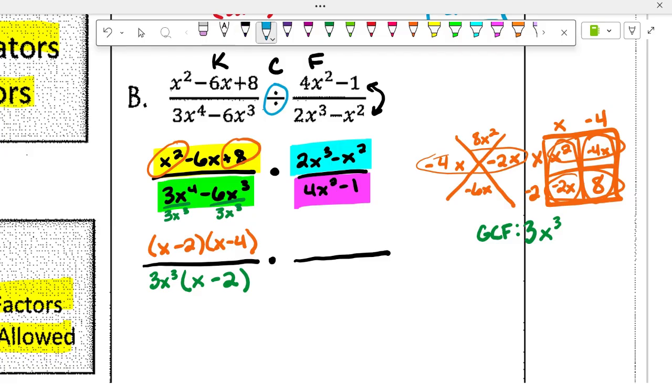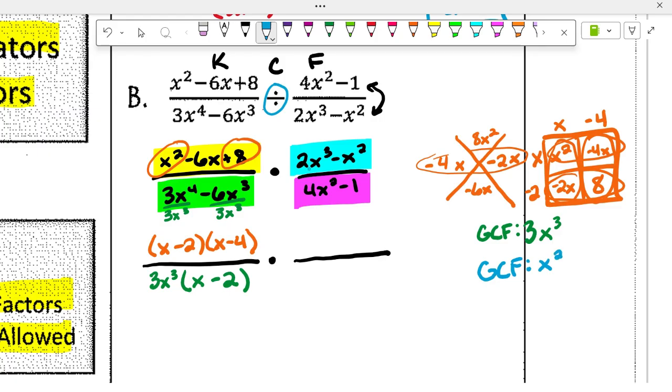What does it look like is the only thing I can take out of the blue one? So we can only factor by taking out a GCF. What is the GCF? Is there a numerical one? No. 2 and 1, but they don't have anything in common besides 1. What about the variables? X squared.